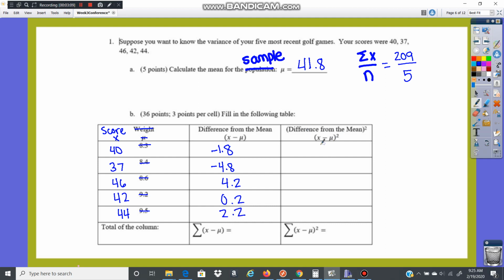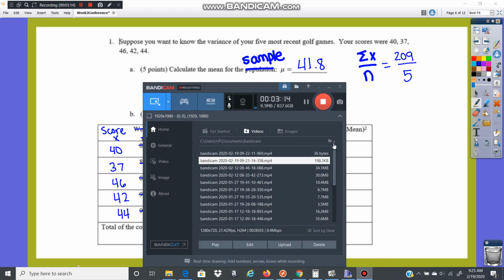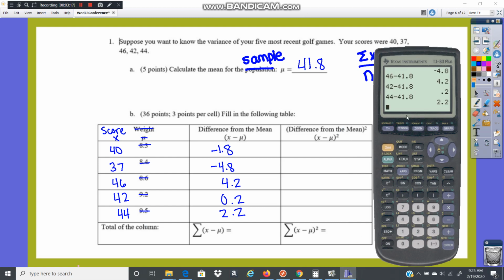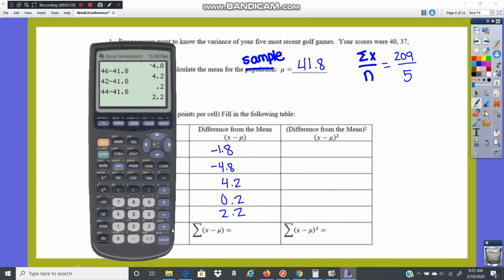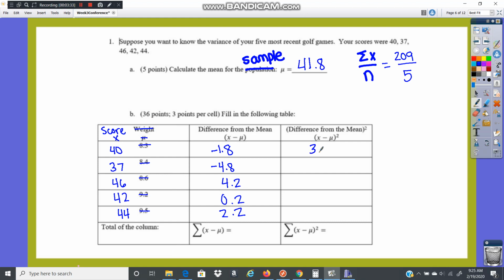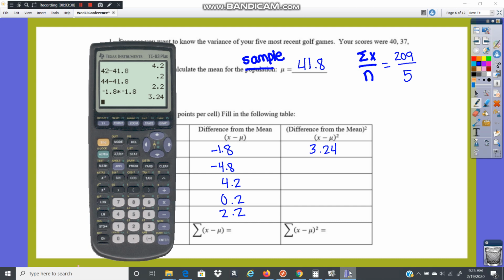Okay, now the difference from the mean squared. So I'm going to square each of these values. When I square them, they actually become positive, because negative 1.8 squared is negative 1.8 times negative 1.8, and that's going to give me 3.24. Then negative 4.8 squared. I can also put that in parentheses with my negative number to make sure it squares correctly.